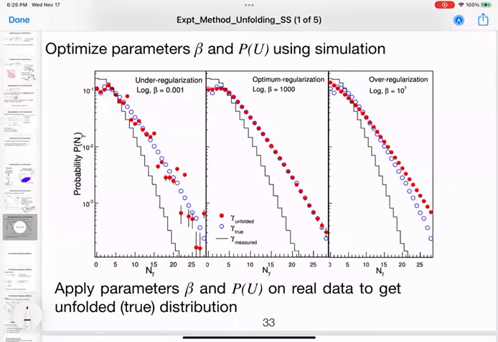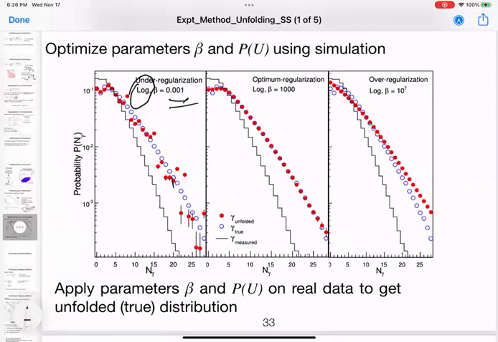So as you can see, for this multiplicity distribution, distributions have something like an exponential shape. So we use this logarithmic type of regularization here, and here we have 3 different types of weight factor, the beta value. If we use a very small value of beta, one can see there is oscillation here, which is called under-regularization.